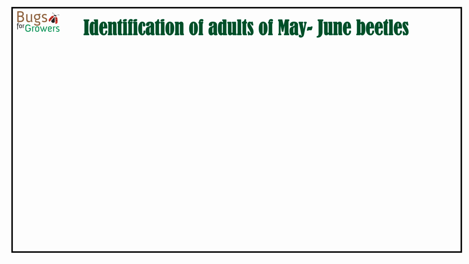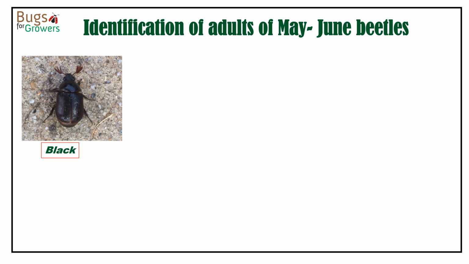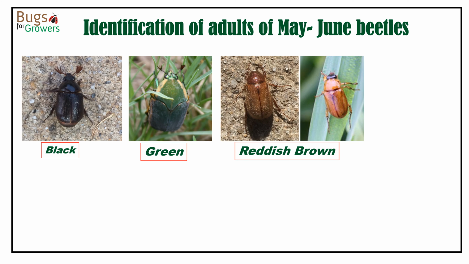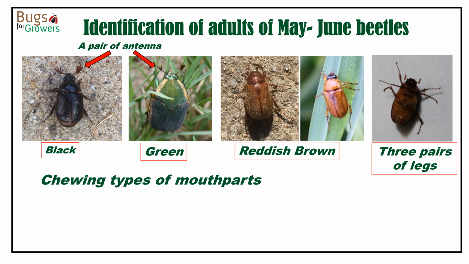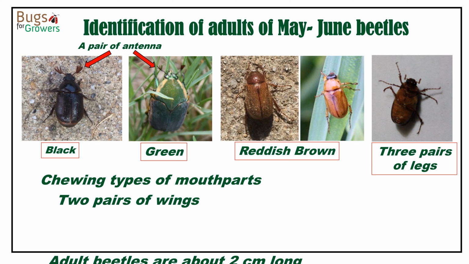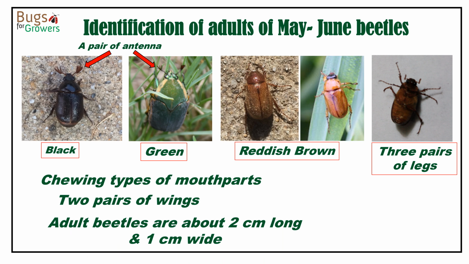The adults are easy to identify because they are either black, green, or reddish brown in color. They have 3 pairs of legs, a pair of antennae, chewing types of mouthparts, 2 pairs of wings, and they are about 2 centimeters long and 1 centimeter wide.